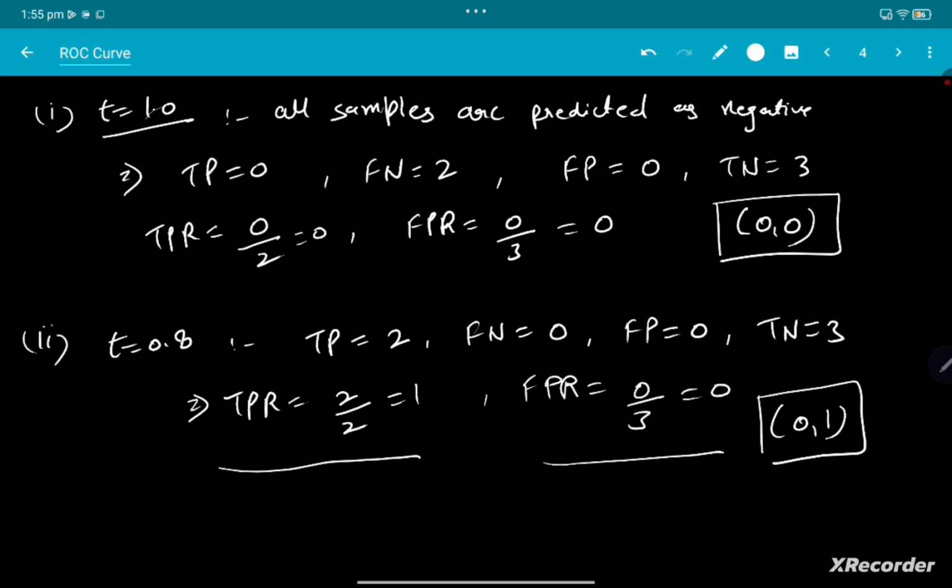So there are no false positives and no false negatives. So this is the best threshold that we have obtained. So based upon this threshold, we can identify the balance between the actual positives and actual negatives.